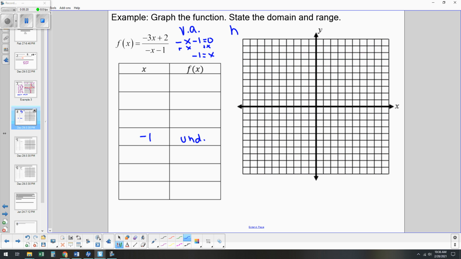My horizontal asymptote, if I take the coefficients, negative 3 over negative 1, that gives me y is 3. So let's graph those. We have x is negative 1, and we have y is 3.